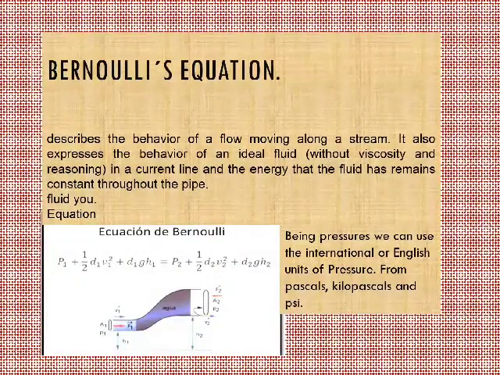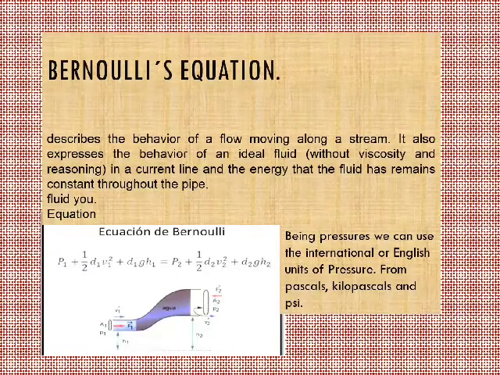The Bernoulli equation. This describes the behavior of flow moving along a streamline. It also expresses the behavior of the ideal fluid, without viscosity and in a current line, and the energy that the fluid has remains constant throughout the pipe.